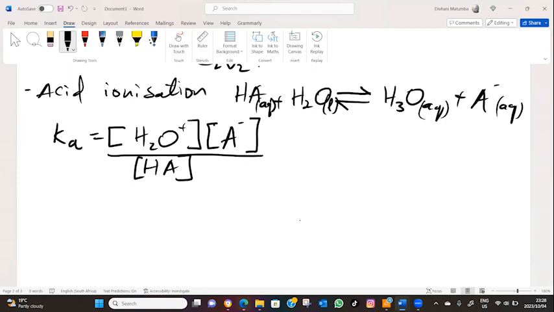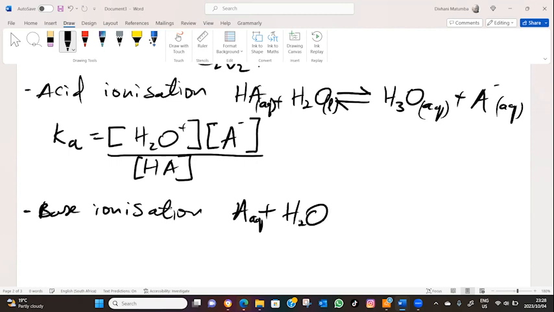Now, with base ionization, we have the following. This will be your conjugate acid.